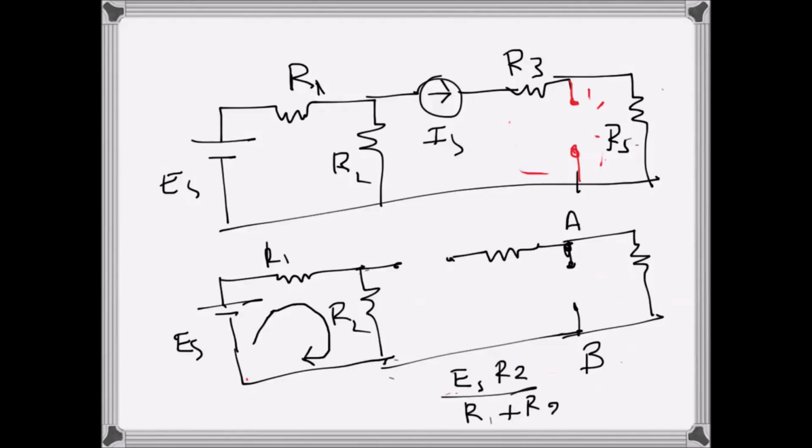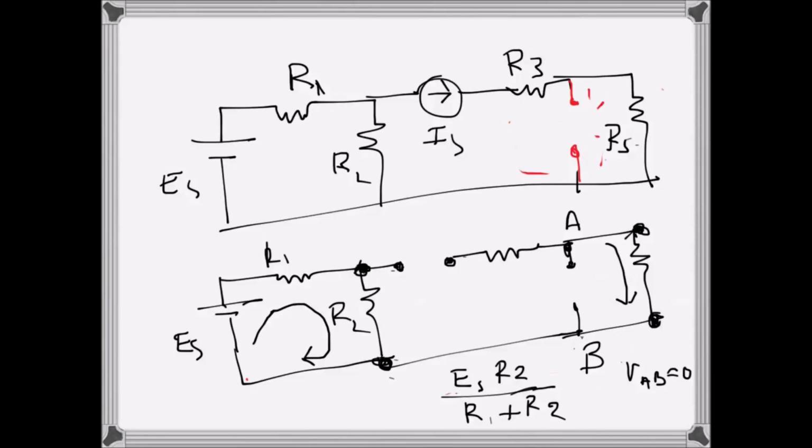From the voltage divider rule we can see that this will be the voltage across this terminal and this terminal. But since there is a break in the circuit here, there is no VAB. VAB will be 0 for this one, and also there is no voltage drop across this terminal. There is no current flow here, and the voltage across this one will be just 0. So for that one, this is done.